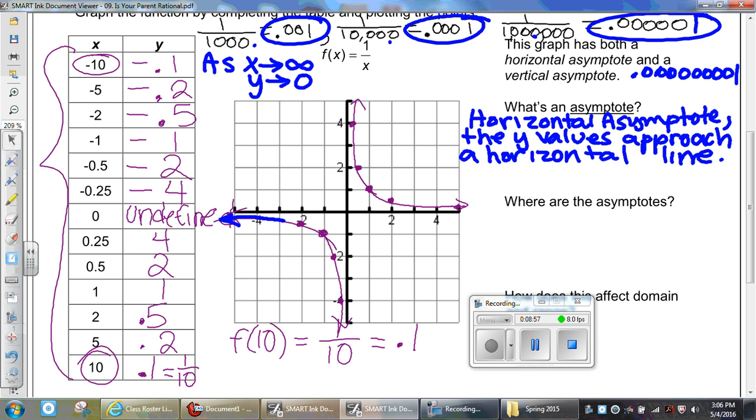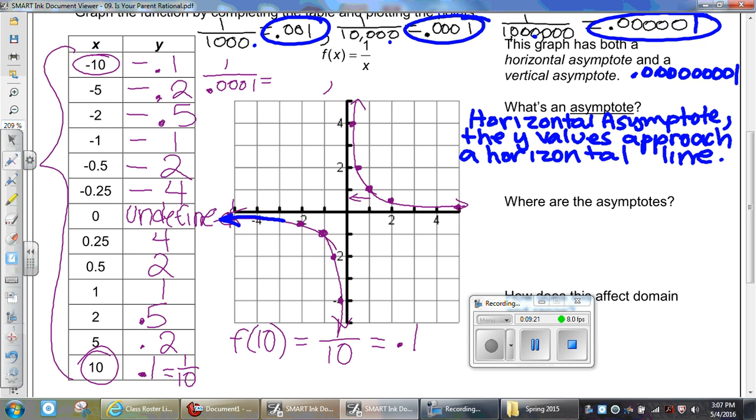Now, let's see, I want you guys to try the following. I want you to divide on your calculator the following things. So now what I want to do is get closer to x equals 0, okay? So I'm going to pick numbers like this. 1 over 0.0001.